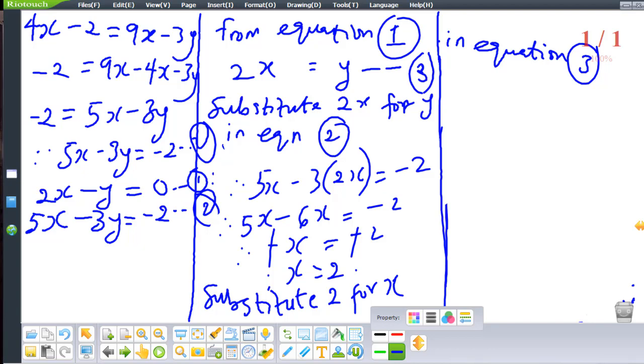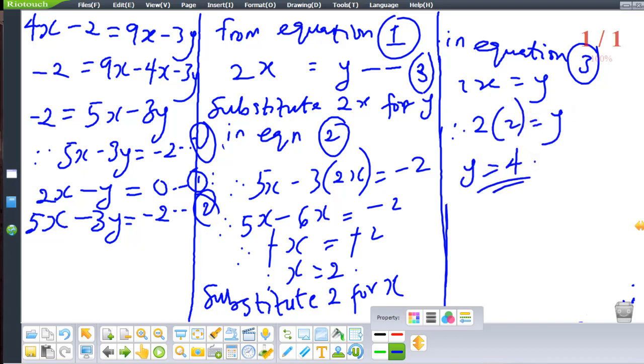So we move to equation 3, which says 2x is equal to y. Therefore substitute 2 for x, and then we have 2 into bracket 2 is equal to y. Therefore y equals 4. That's the final answer. Therefore x equals 2 and y equals 4.